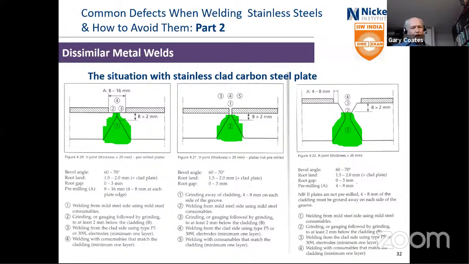But then when you weld on the other side, you want to use the proper dissimilar metal filler metal. And if it's a 304L clad, you can use 309 for everything. If it's 316L, you can use the 309LMo for everything.